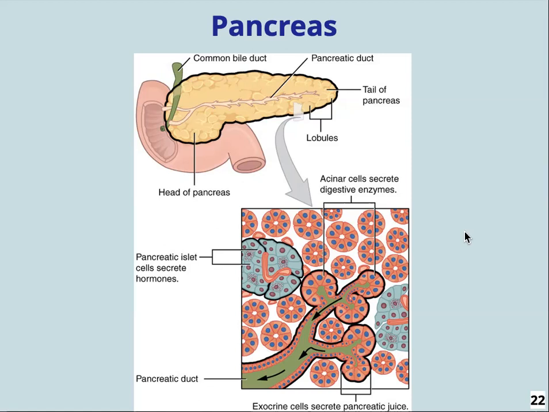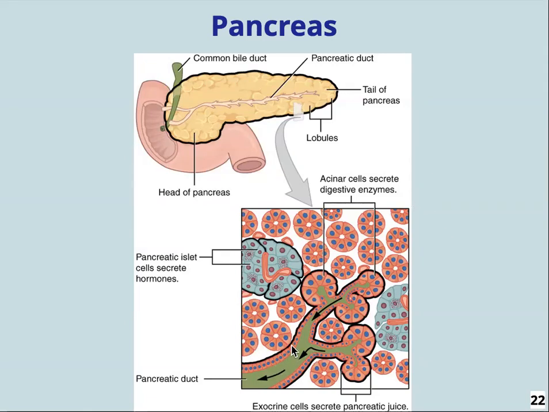The proteases are secreted in inactive form, which we call zymogen, and that prevents these enzymes from digesting the organ itself. These are then later cleaved and become active within the small intestine.